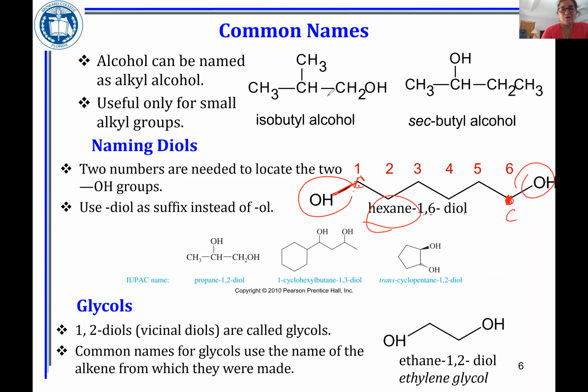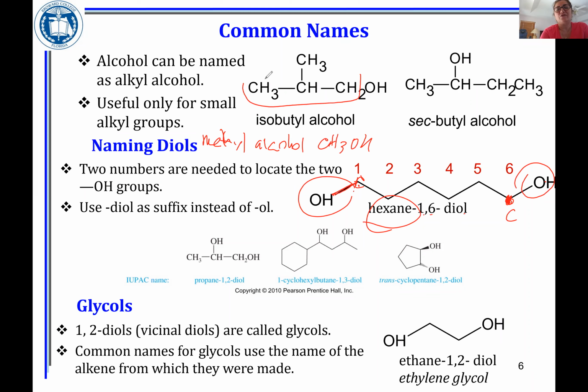The common name for alcohols is like methyl alcohol. So you would just say alkyl alcohol, methyl alcohol, and that would be for CH3OH. You could have ethyl alcohol, isopropyl alcohol, isobutyl alcohol. So it depends on the carbon chain that the OH is attached to.